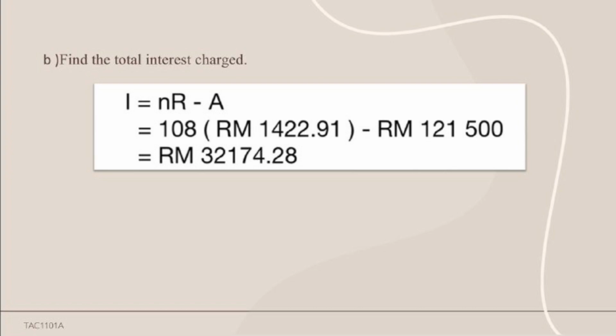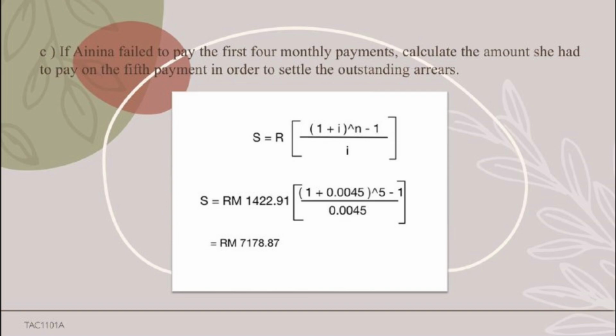After that, we need to minus with A. The A is 135,000 ringgit. So 1,422 ringgit 91 times 108 minus 135,000 ringgit, we will get 18,674 ringgit 28 cent.